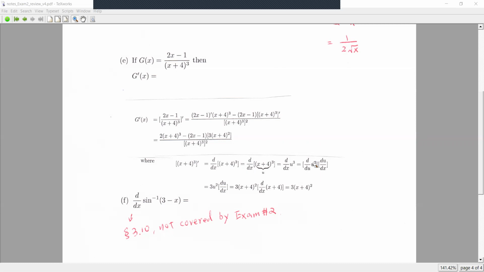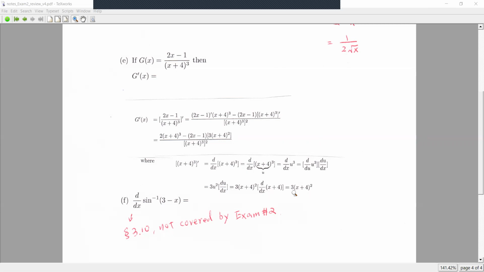Derivative of u to the third with respect to u is 3u squared. Now, plug in x plus 4 in the u here, then I have this equation. Derivative of x plus 4 with respect to x is 1.